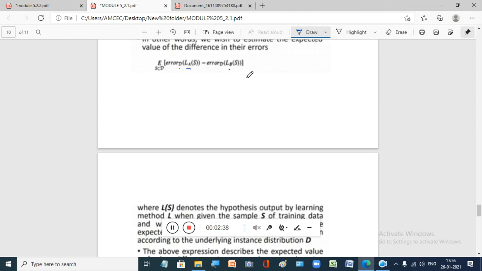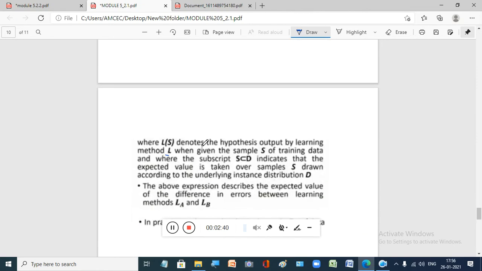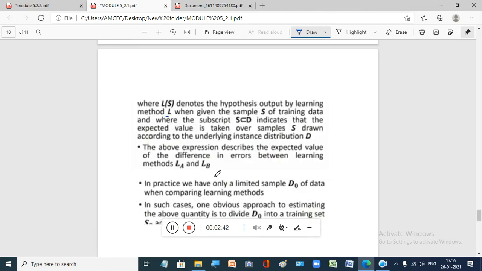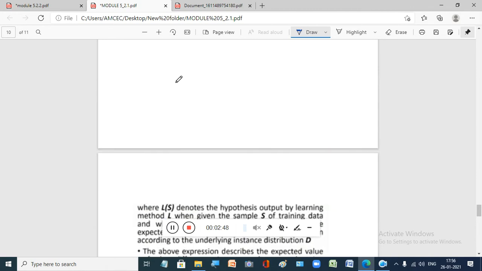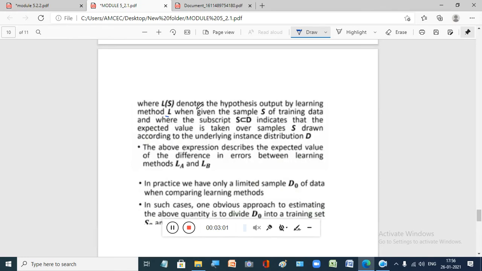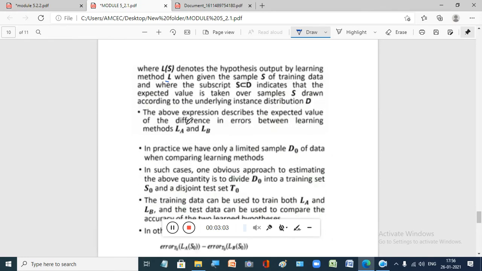The equation we have seen finds the difference between the true error for both learning algorithms A and B over the given sample space. Yes, over the given sample space; this is what we want to do. The above expression describes the expected difference in errors between training method A and training method B.